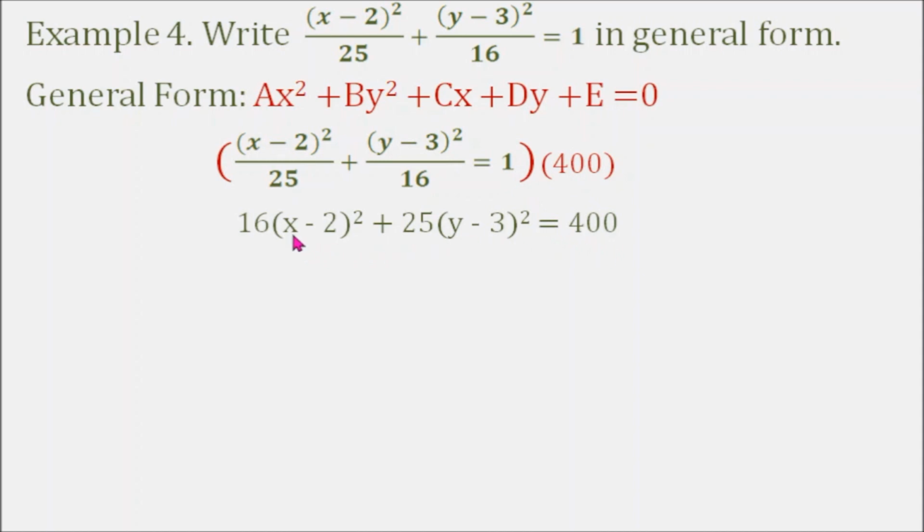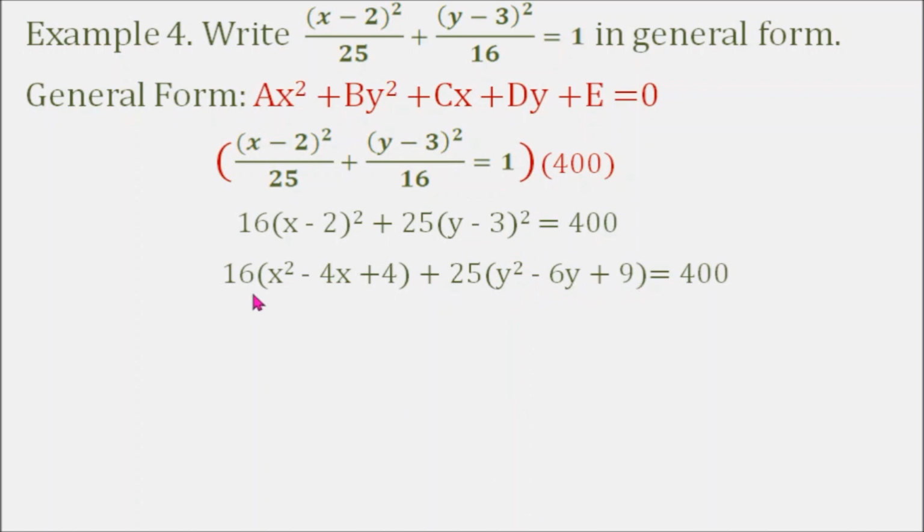Now the next thing we are going to do is to expand the binomials x minus 2 and y minus 3. So x minus 2 squared is x squared minus 4x plus 4, while y minus 3 squared is y squared minus 6y plus 9.